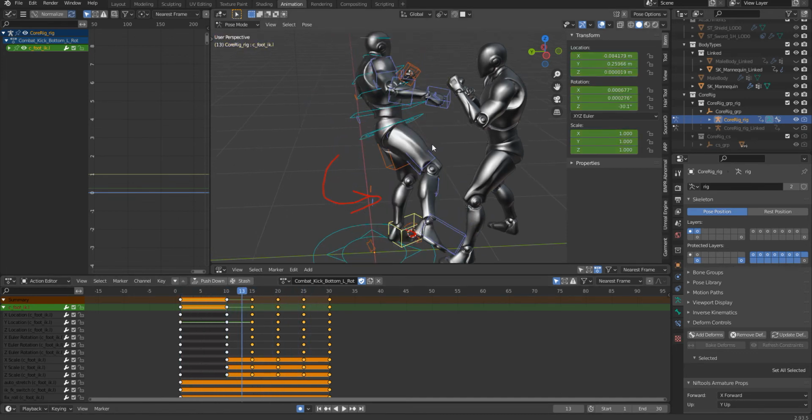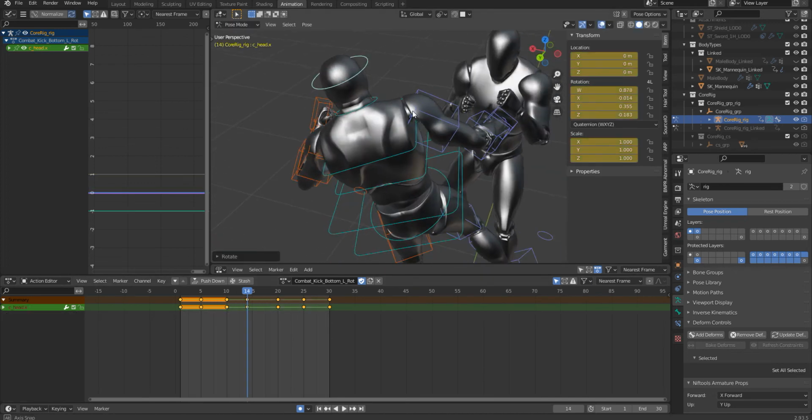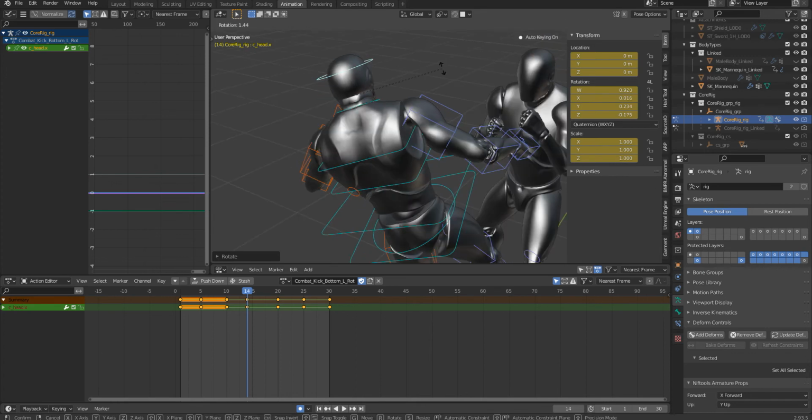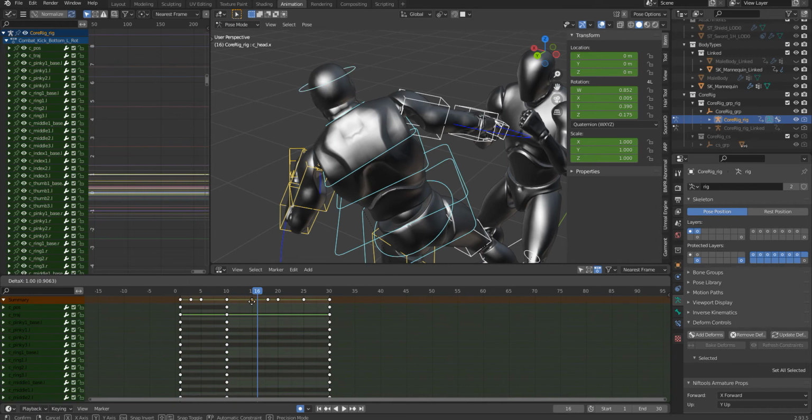And now actually I can start fixing it. I can control some bones, I can control some rotations, and it will be done. Very good.